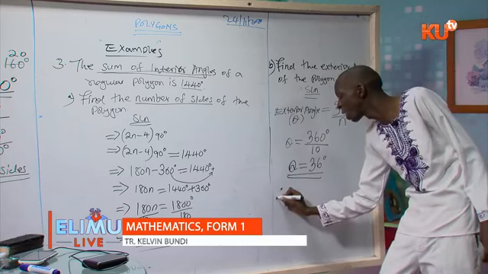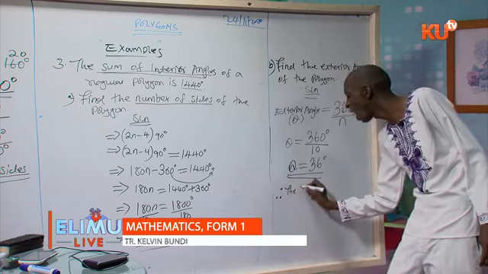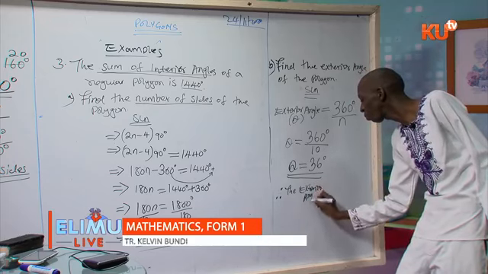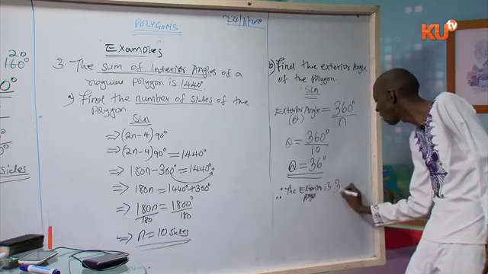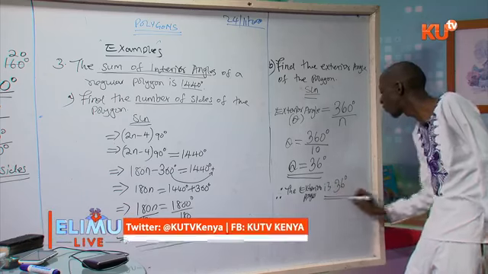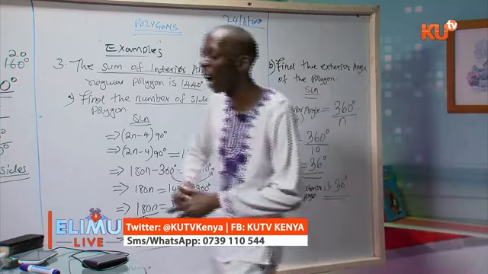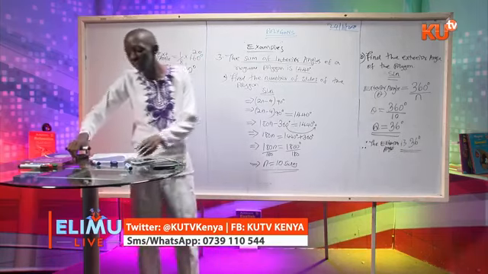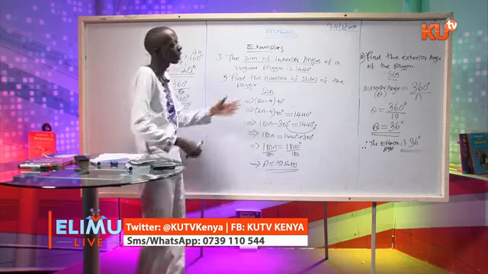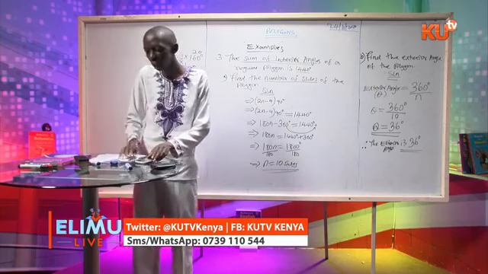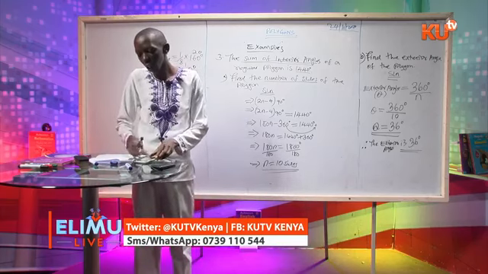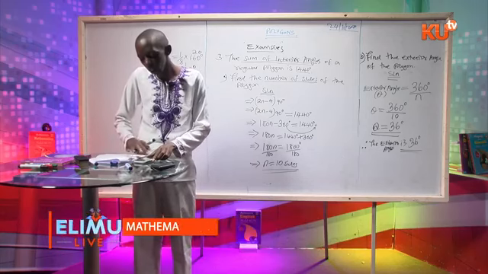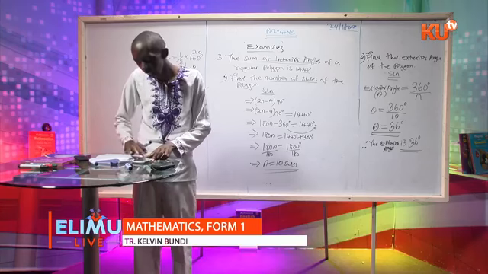Therefore, you must conclude and say, therefore, the exterior angle is 36 degrees. And with that, you finish and you continue being happy because you come out of the exam room saying that the exam was very simple because this is a well understood topic. So I'll continue reading the questions and the comments that you've sent so that I can answer them.